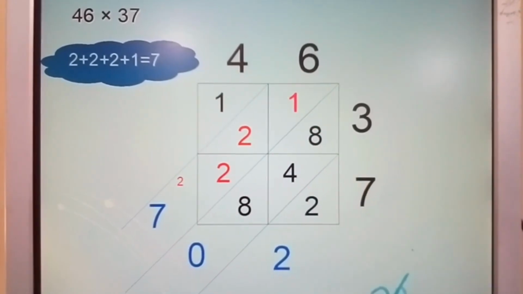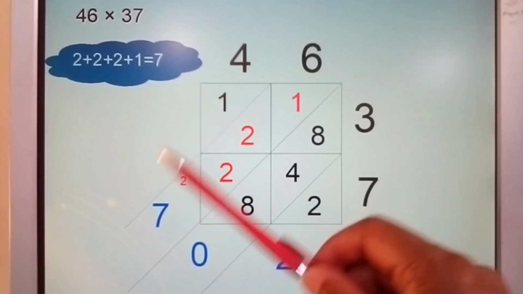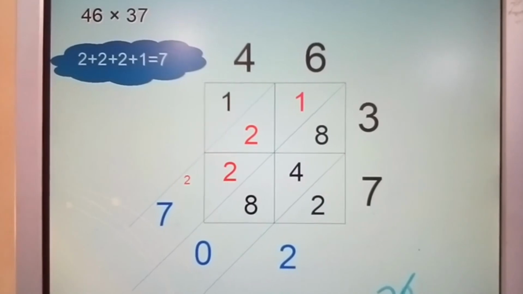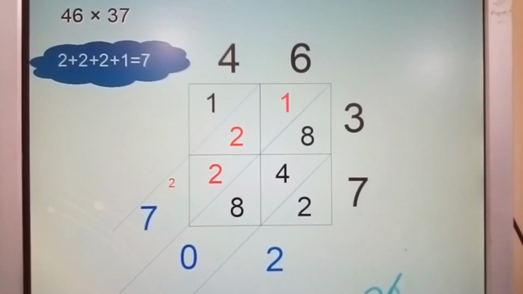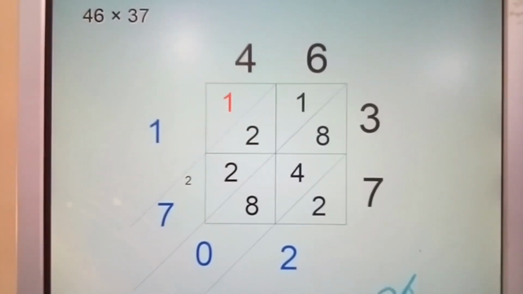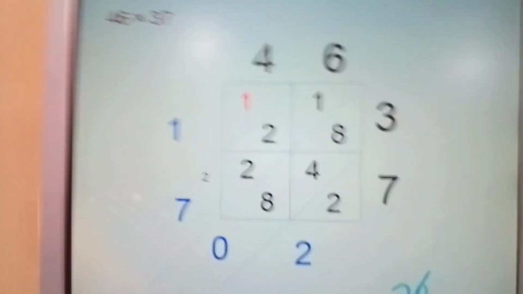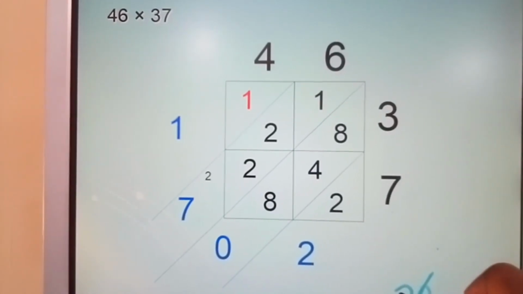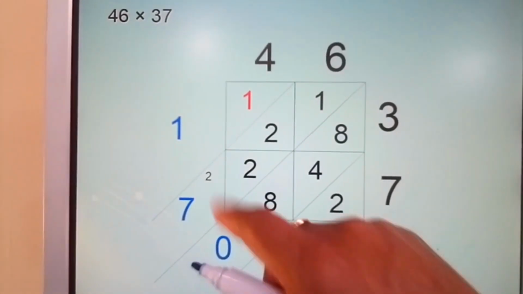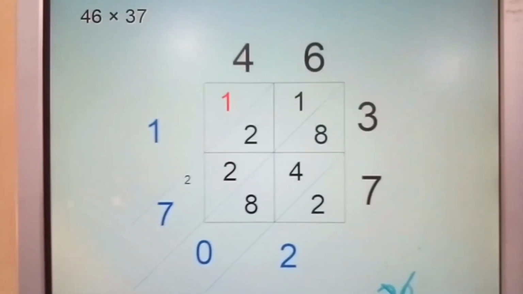That gives us our 7. And what is our last diagonal? And what's going to go in there? 1. Now remember, this 2 has now gone, because we put that 2 there, so it no longer exists.